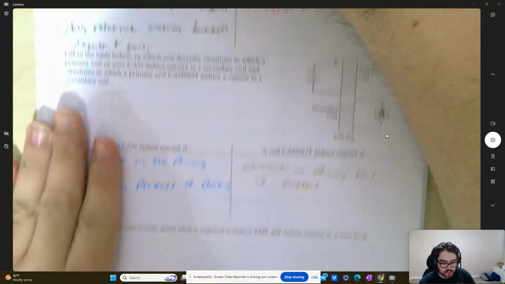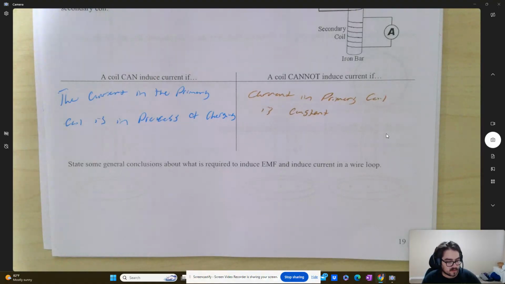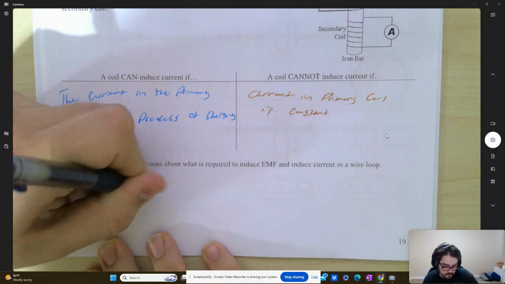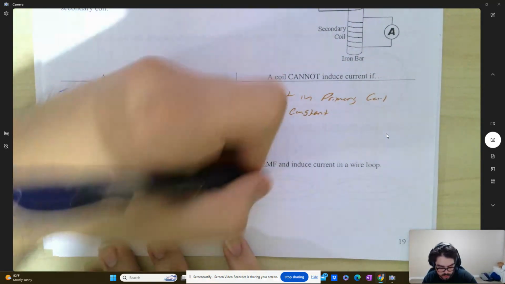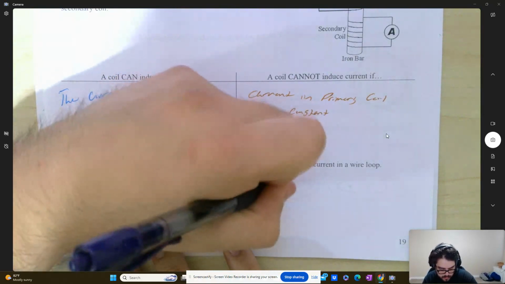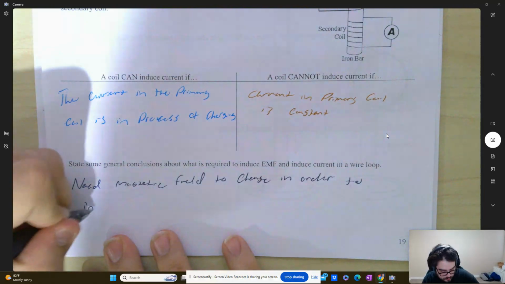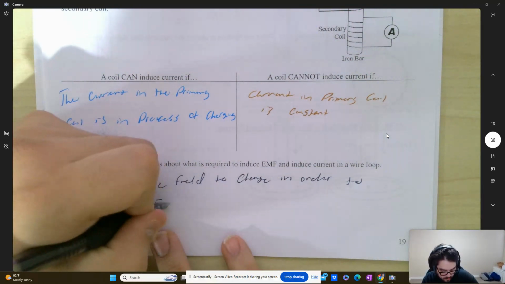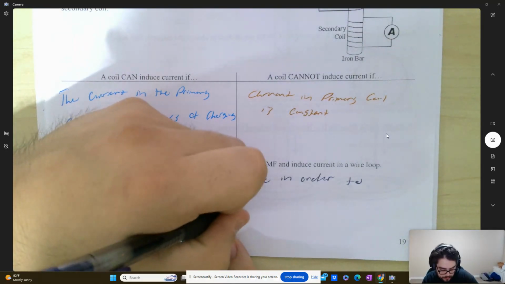Okay, and so a general conclusion that we can make about induced EMF, just kind of tying everything back together, is that you need the magnetic field to change in order to induce EMF and induce current.